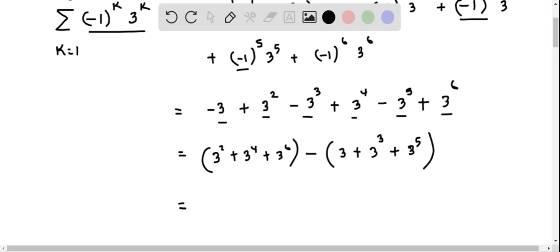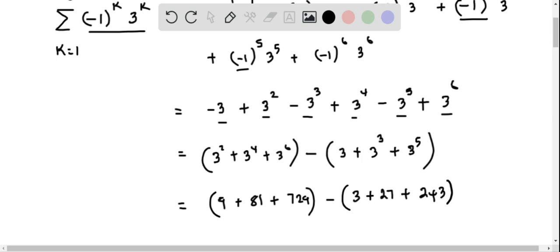And so this equals 3 squared is 9, and 3 power 4 is 81, and 3 power 6 is 729, minus this one is 3, 3 cubed is 27, plus 3 power 5 is 243.